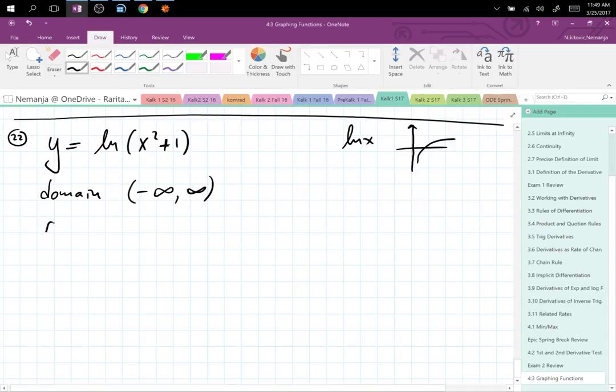This being ln, the range should be a quick negative infinity to infinity as well. Or is it? No, it's not. It doesn't have a horizontal asymptote. The range is going to be 0 to infinity, but I don't want to ruin that for you.